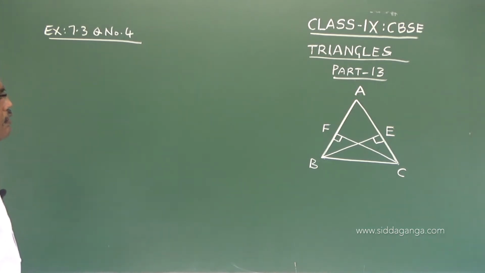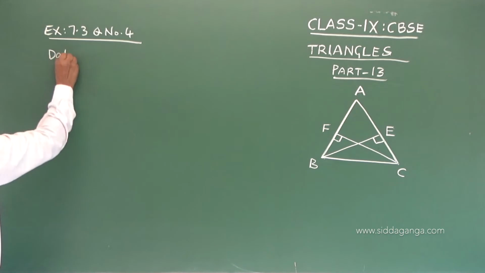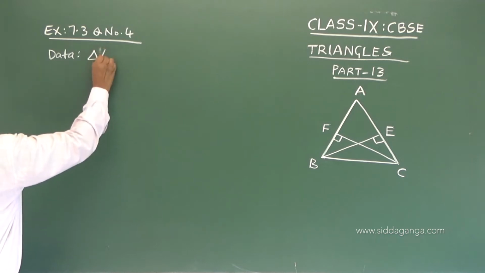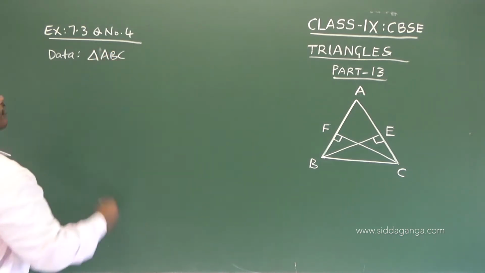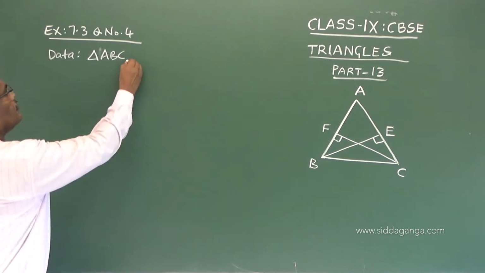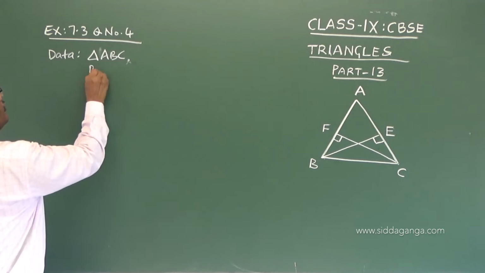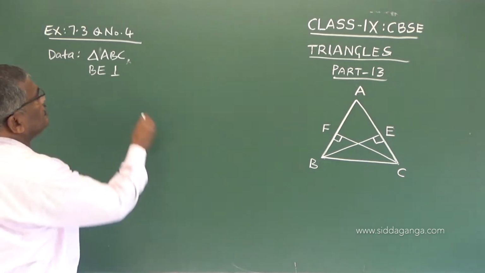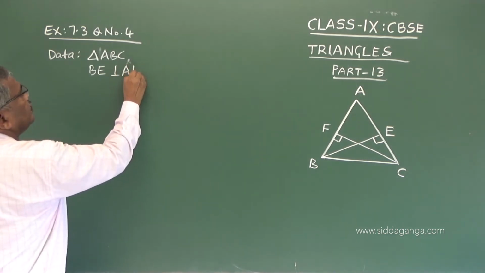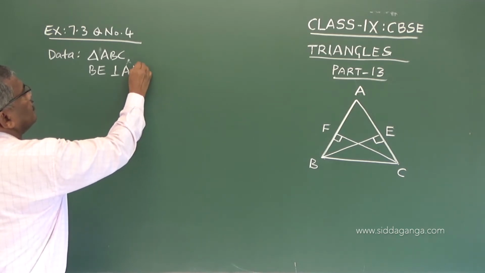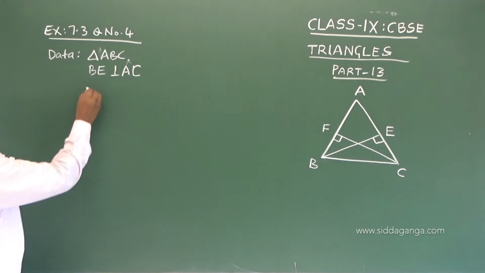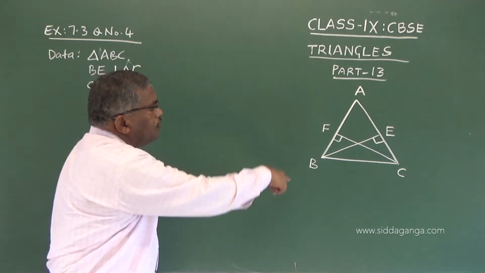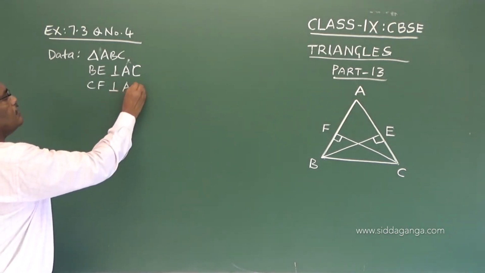So here the data given is triangle ABC, where BE perpendicular to AC, so that is BE is altitude perpendicular to AC, and CF perpendicular to AB. So this is given.